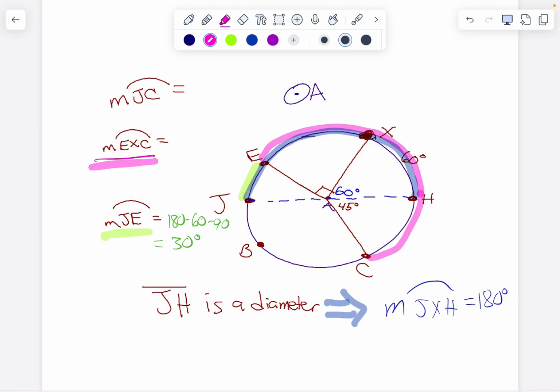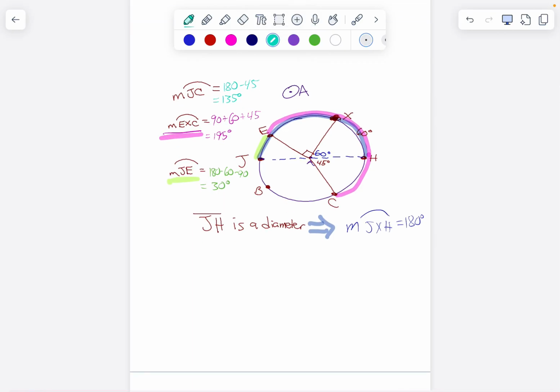That whole thing all the way around. So 90 plus 60 plus 45. And how about arc JC? Yep, 180 minus 45. That would be a good way to do that one. Are you putting your degrees on there, by the way? Yeah, good. Okay, all of these were measures, just to make sure you're clear on that.